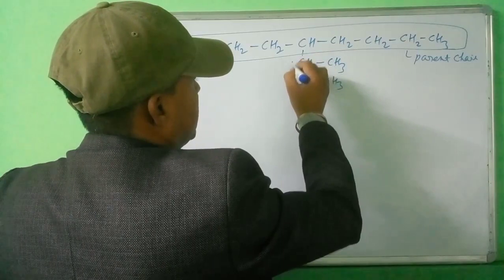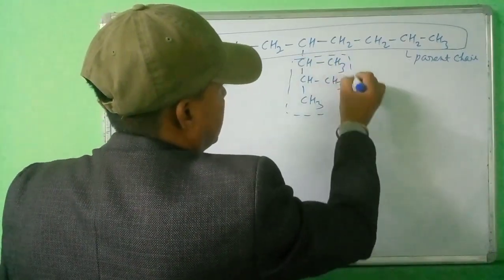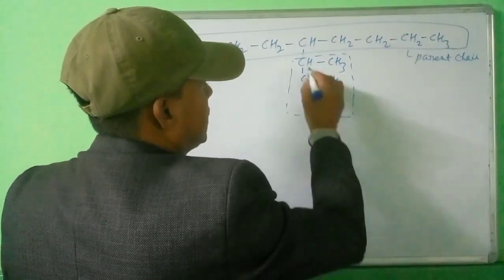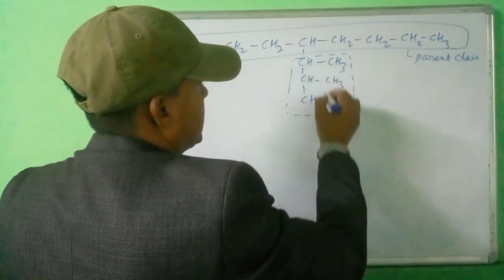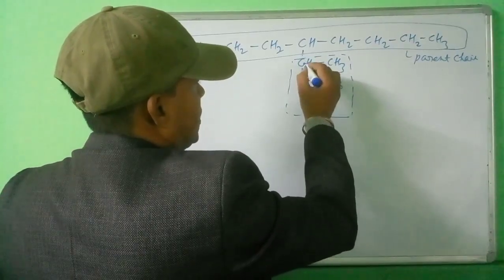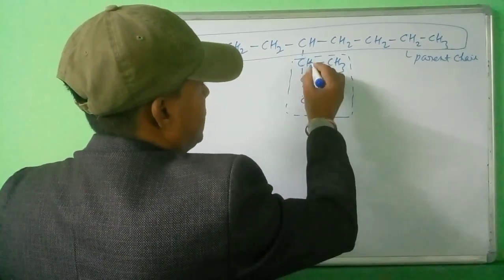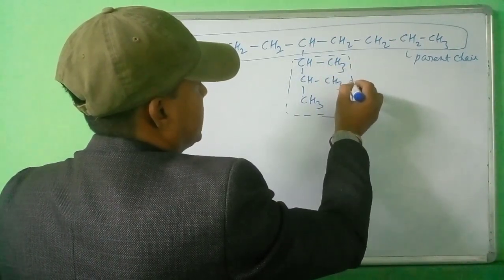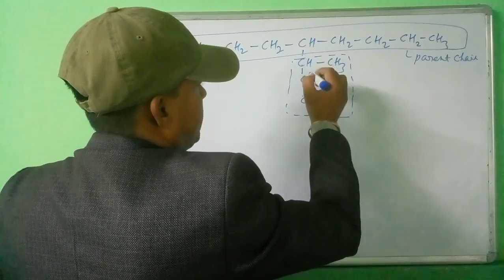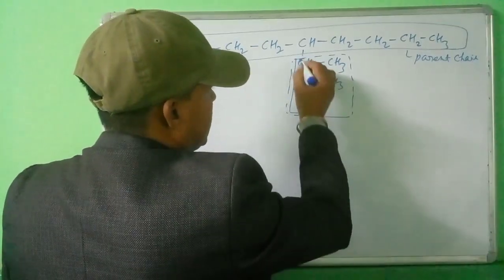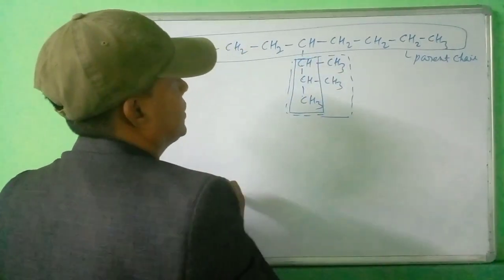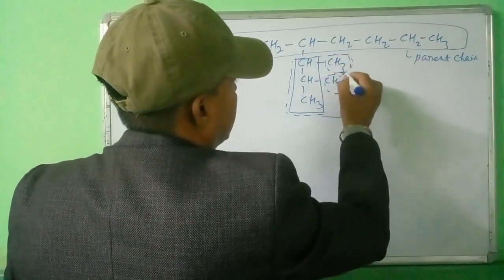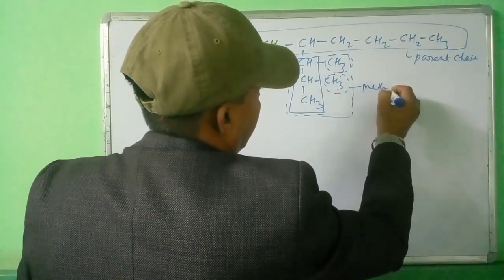Now here this one is the substituent. In this substituent we can see a further branch. Okay, so here 1, 2, 3, and the first and second carbon again have branching. So again we select this type of chain, and here are two alkyl groups. This is the methyl.